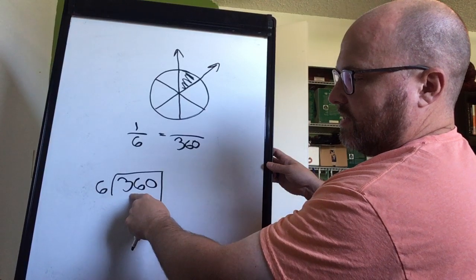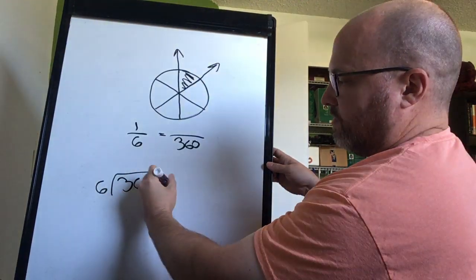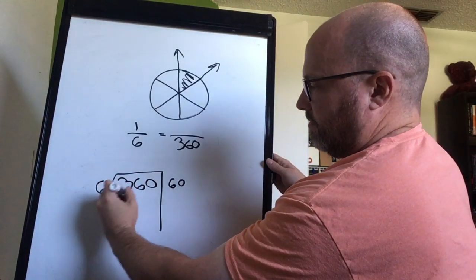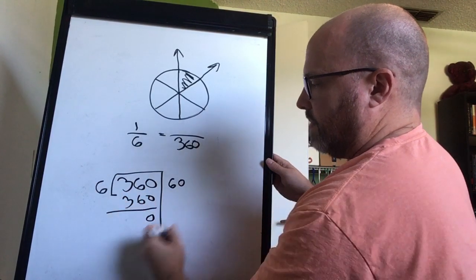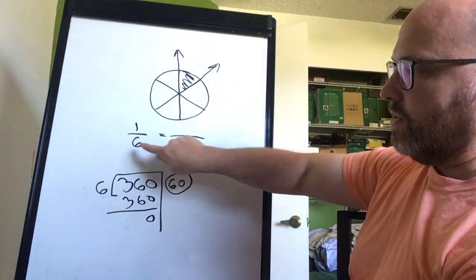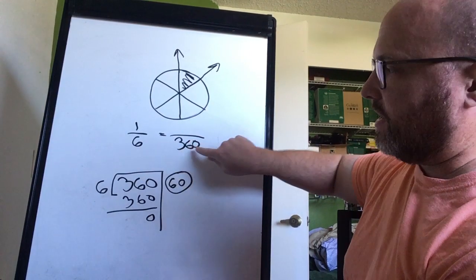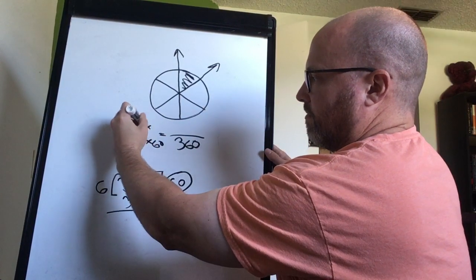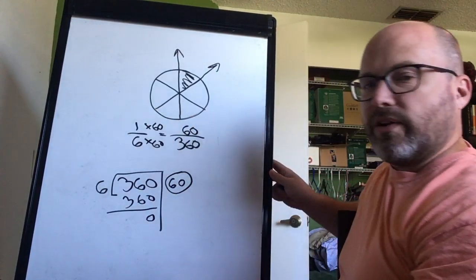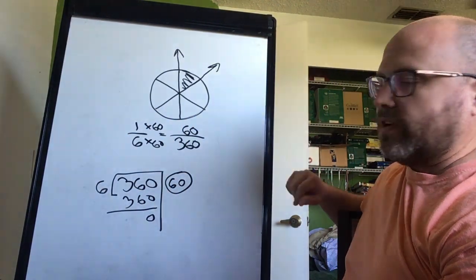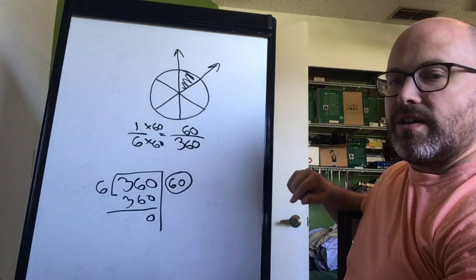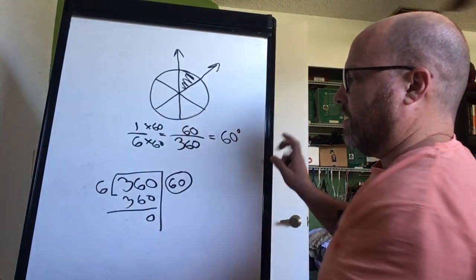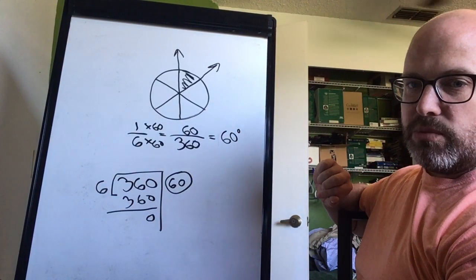I know that 6 times 6 equals 36, so 6 times 60 must equal 360. So what I had to do here is multiply 6 times 60 to get 360, which means I'm going to have to multiply by 60 on the top also. And that'll give me 60 360ths. So 1/6 of a turn is the same as 60 360ths, which is the same as 60 degrees. And this little thing up here is a symbol for degrees.